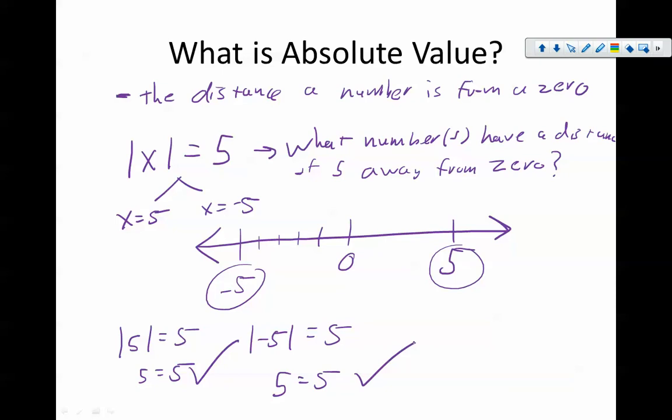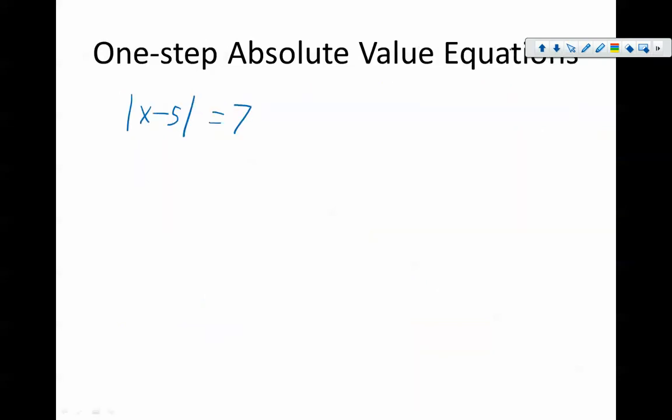So absolute value is the distance away from 0. Remember, if we're doing a calculation inside of it, it just means we're taking the positive. If there's a variable inside of it, it's asking us what number or numbers have a distance of 5 away from 0. So what happens if we complicate matters? Here we have a one-step absolute value equation, and notice this one is the absolute value of x minus 5 equals 7.